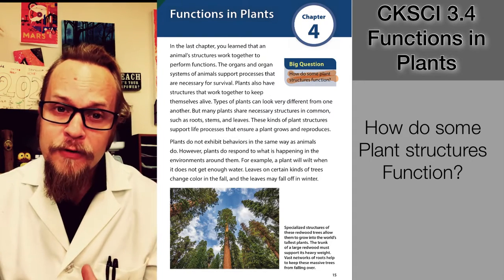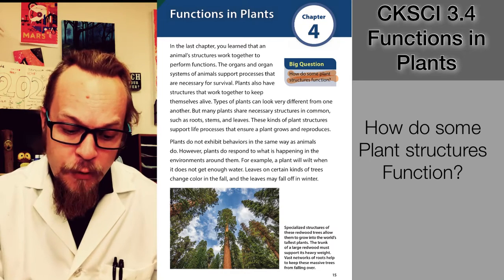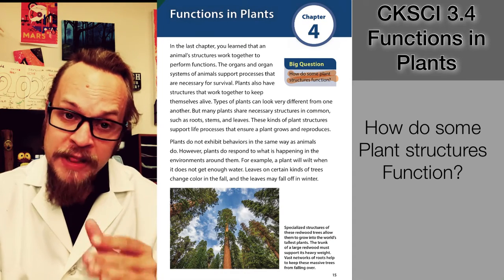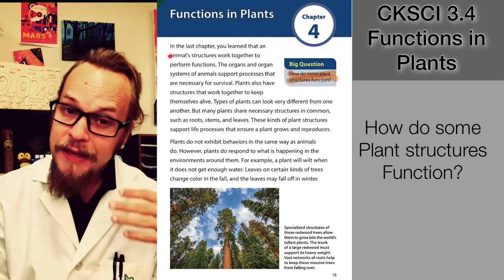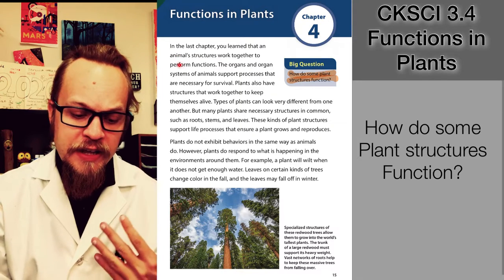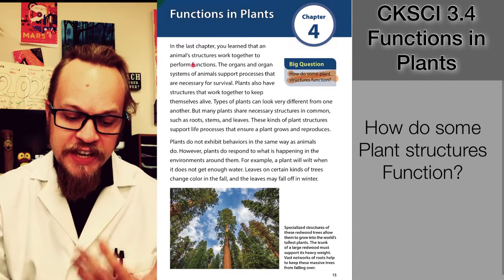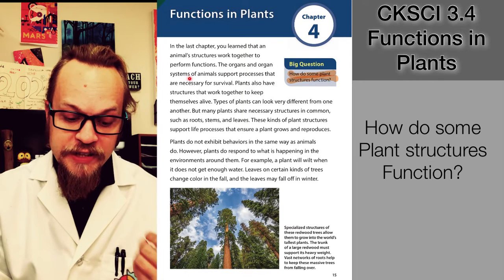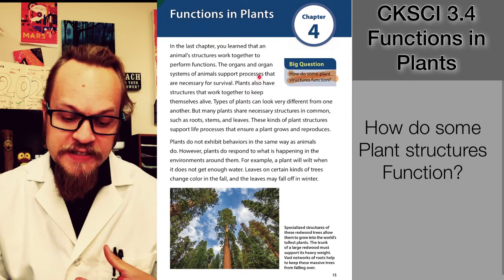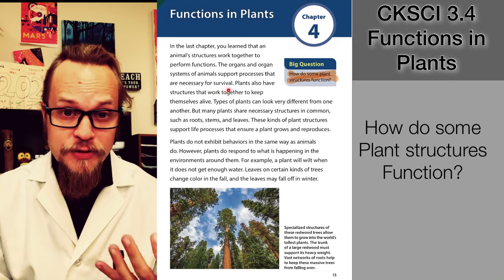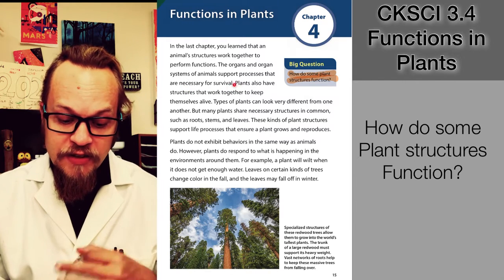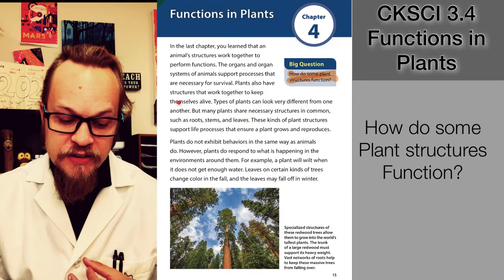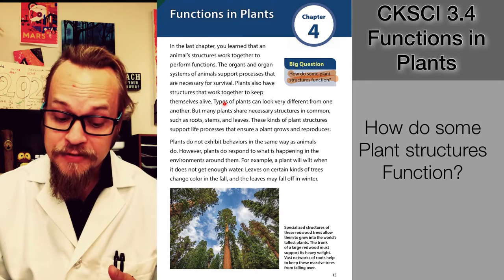So without further ado, we are on Chapter 4, Functions in Plants. In the last chapter, we learned that an animal structure works together to perform certain functions. The organs and organ systems of animals support processes that are necessary for survival. Plants also have structures that work together to keep themselves alive.